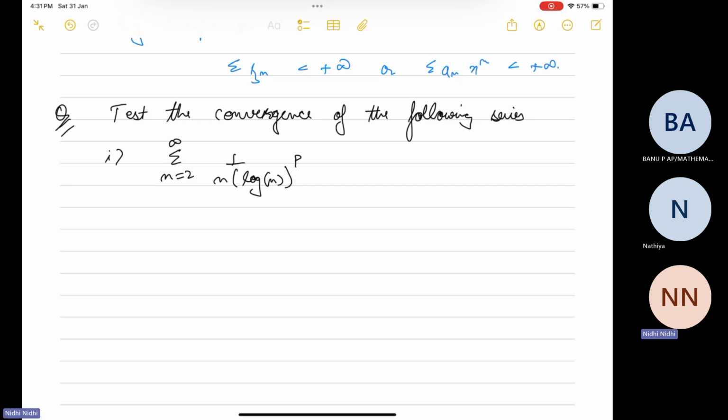What was the problem with n equal to 1? So what happens at n equal to 1 here? Am I audible?